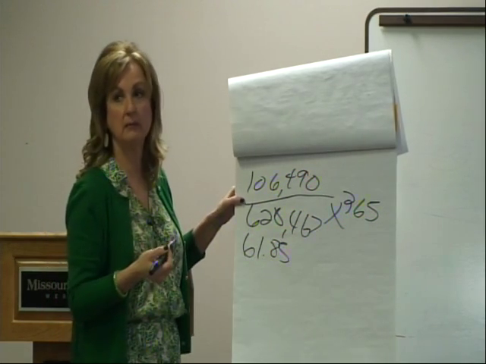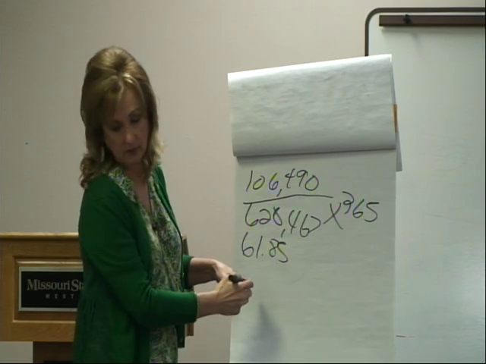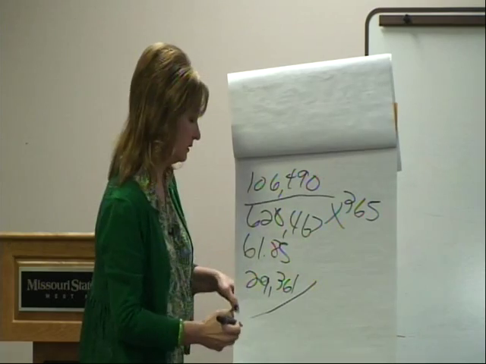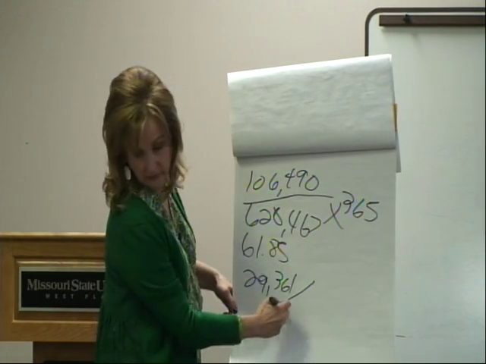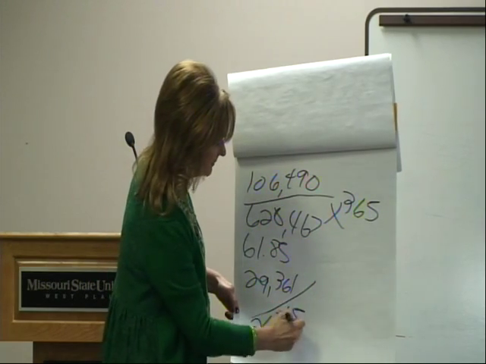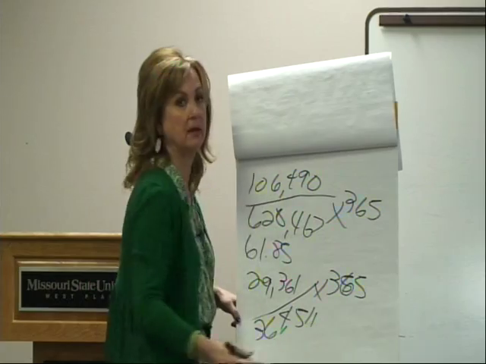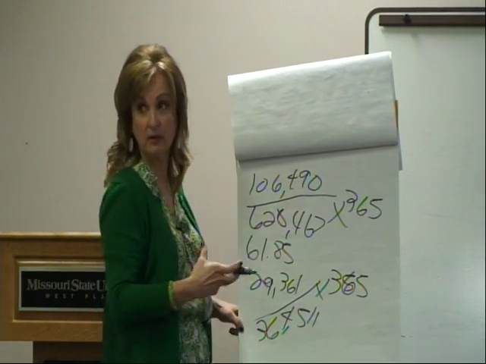Days payable, how quickly am I paying my vendors? Accounts payable on top, 29,361, divided by cost of goods sold this time, because we're looking at cost, 364,511, times 365. 29.4.